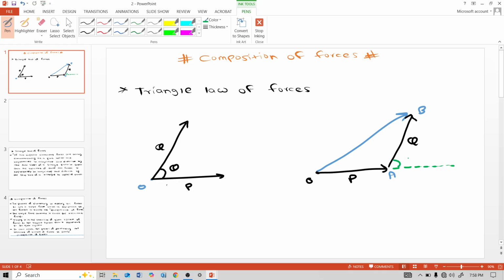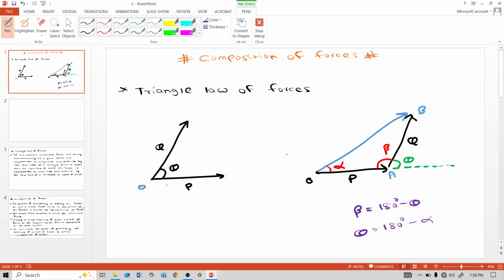So here it is theta. And consider this as beta and this angle as alpha. So here, by observing this beta is equal to 180 degree minus theta, and this theta is equal to 180 degree minus alpha.